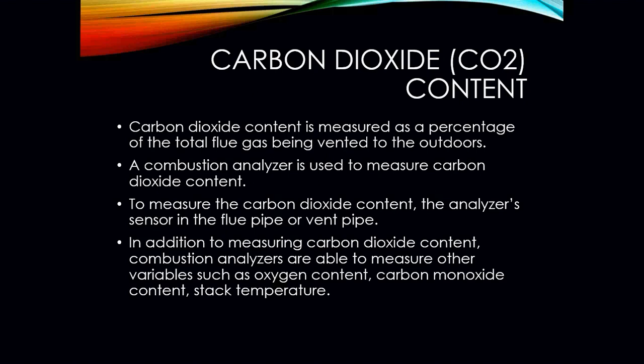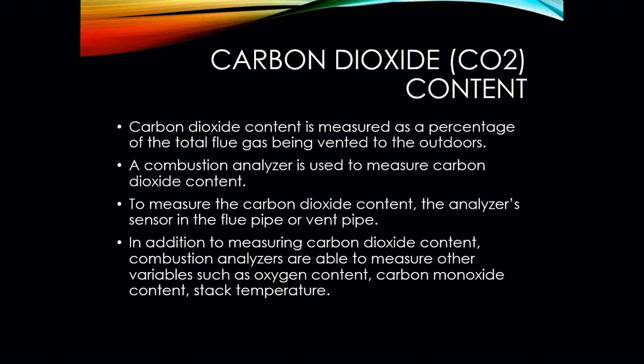When we're dealing with the carbon dioxide content, it's the measurement of a percentage of the total flue gas being vented to the outdoors. We use a combustion analyzer to measure carbon dioxide content, and to measure that, the analyzer sensor is put into the flue pipe or your vent pipe.